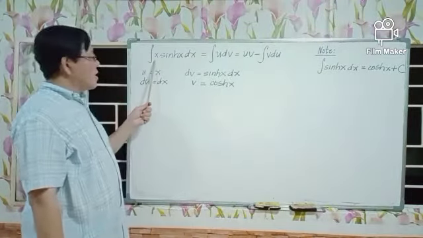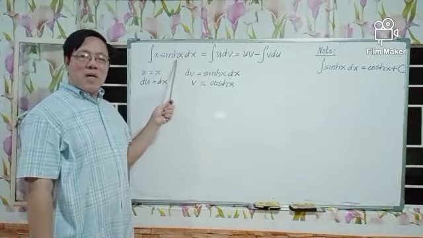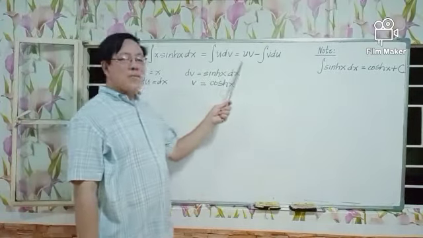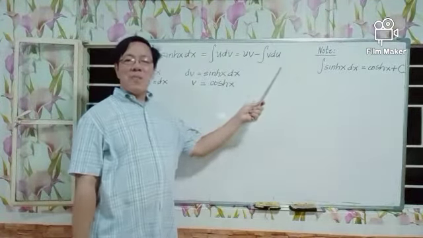Now we write the integral of x times hyperbolic sine of x with respect to x in this form: uv minus the integral of v du.